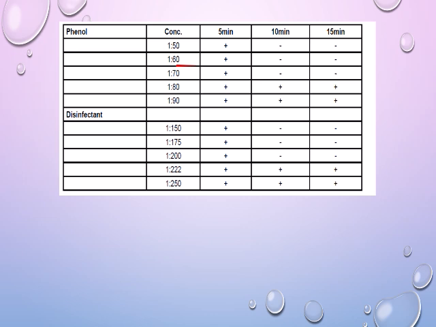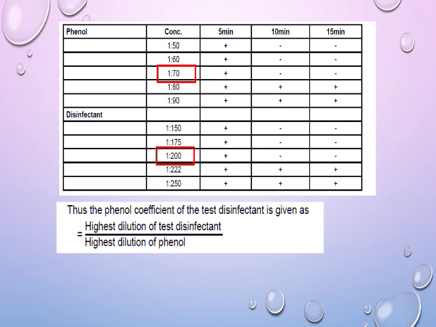Here, the phenol dilution of 1:70 failed to kill the test organism in 5 minutes but killed it in 10 minutes. The test disinfectant gave the same results at the dilution 1:200. Therefore, the phenol coefficient is calculated as the highest dilution of the test disinfectant upon the highest dilution of phenol.